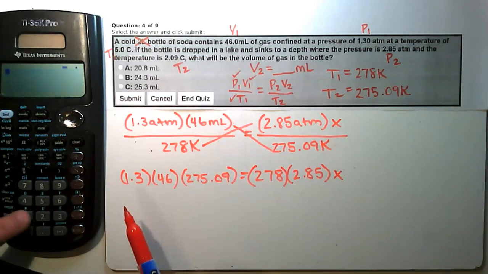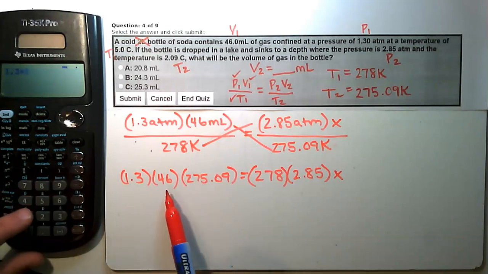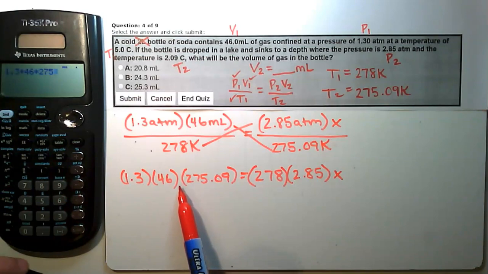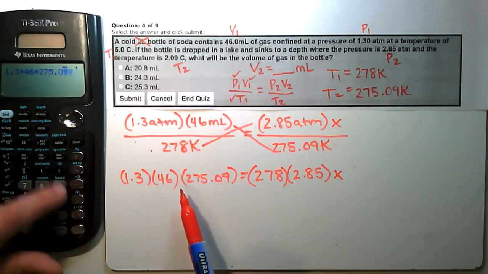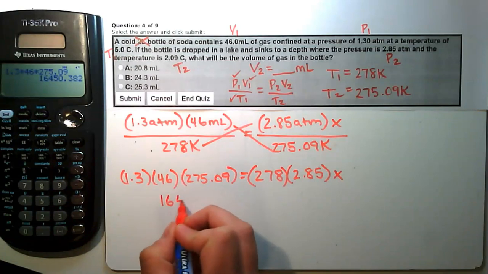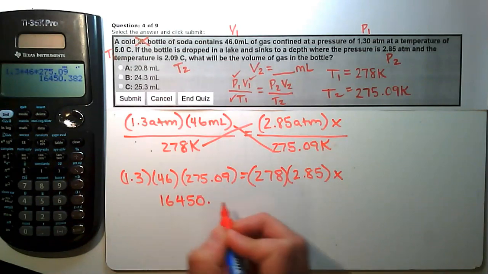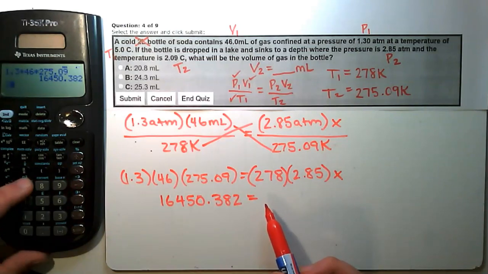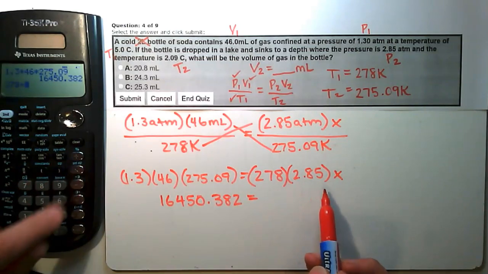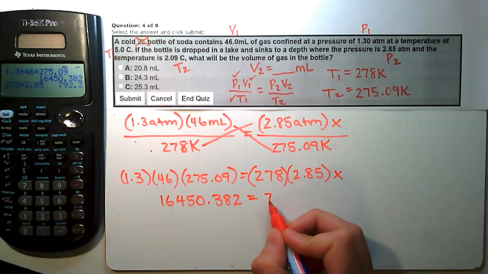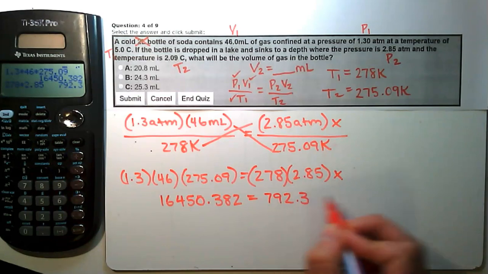Let's do 1.3 times 46 times 275.09, 16450.382 equals 278 times 2.85, 792.3 times X. We don't want to forget that X.